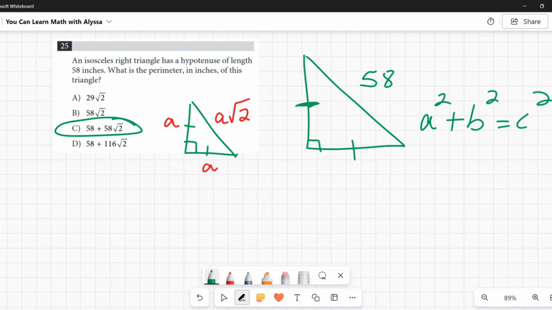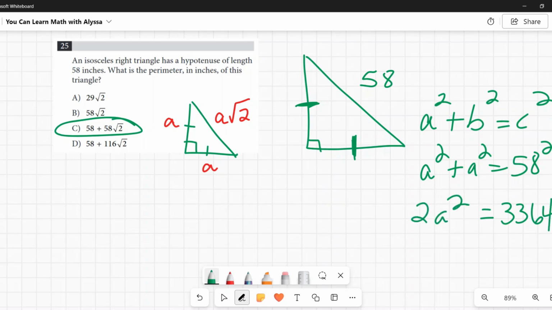Now here we know both of these sides are the same, so I could say a squared plus a squared equals 58 squared. So 58 squared is 3,364. A squared plus a squared is 2a squared. And then I would divide by 2 and I would get a squared is equal to 1,682.